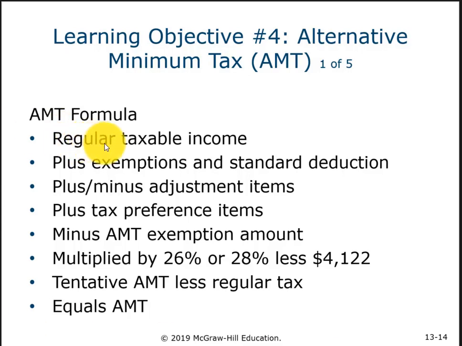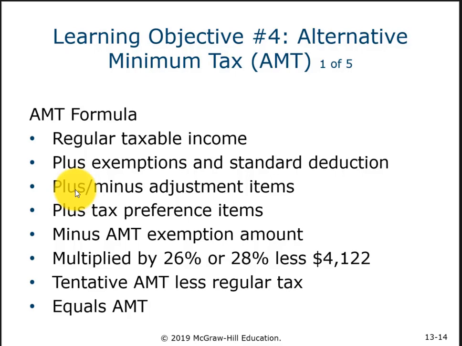Then you add back the standard deduction, or if you used itemized deductions, you add back the one itemized deduction that is not allowed for alternative minimum tax. Then you do plus or minus adjustment and tax preference items.